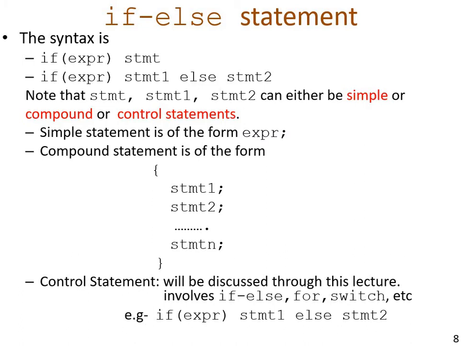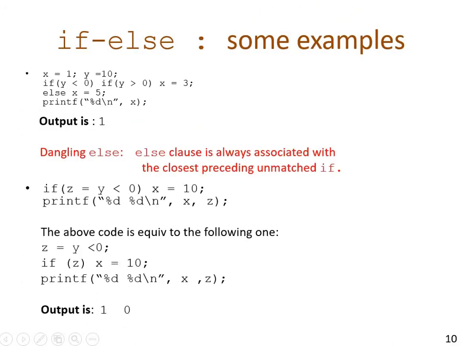So let's go through an example so that you can understand in depth. For example, you have x equal to 1, y equal to 10, and then if y less than 0, ... if y is greater than 0, x equals 3, else x equals 5.